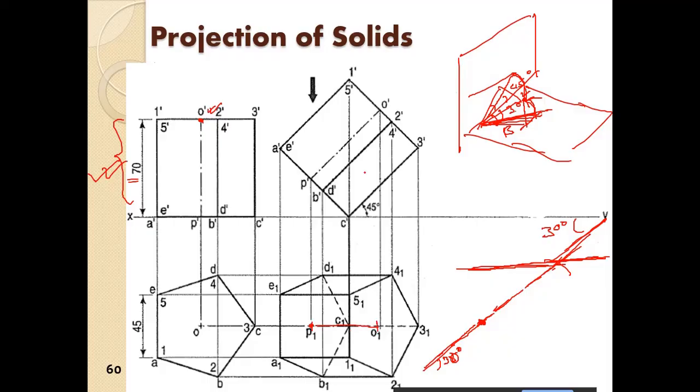Because this distance is already rotated by 45 degrees, we will get this distance. So we will take this as the radius and mark an arc here, taking this as the center. So the arc will be in this one. We will mark an arc here. So this is the inclination beta of this projection.